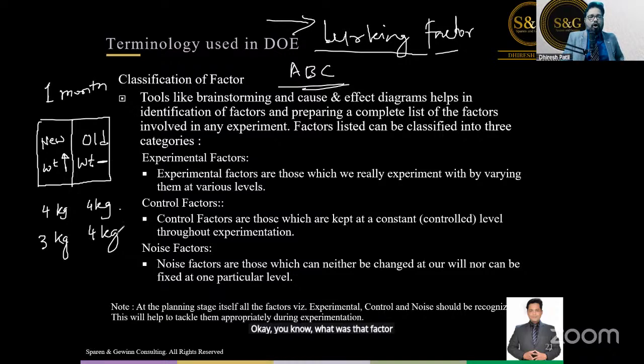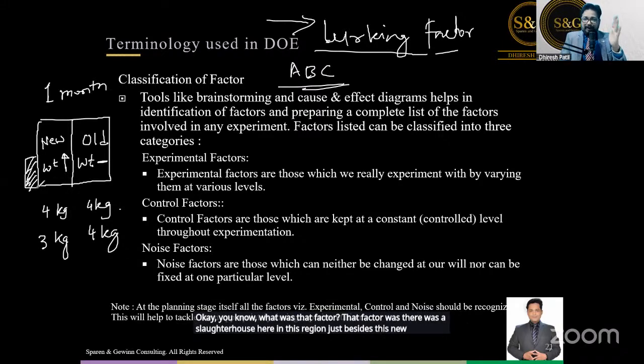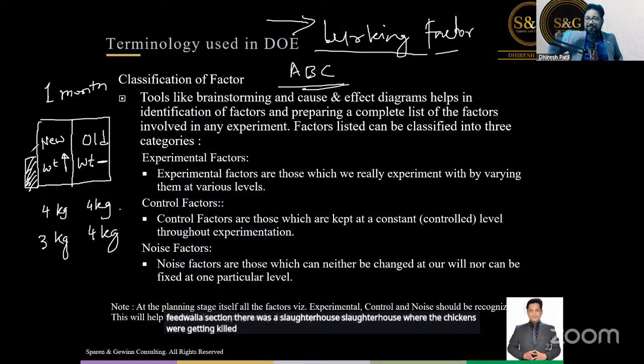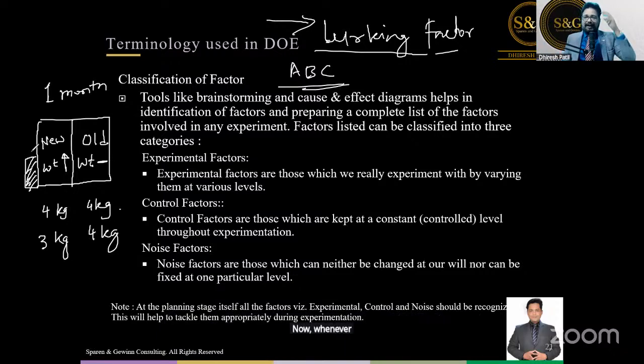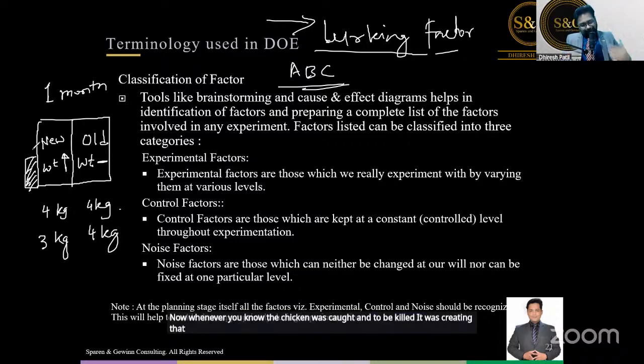There was a slaughterhouse in this region, just beside the new feed section, where chickens were getting killed and transported. Whenever a chicken was caught to be killed, it created noise and turbulence in the area.